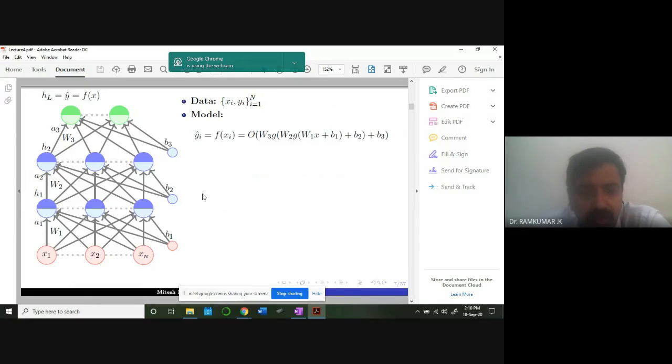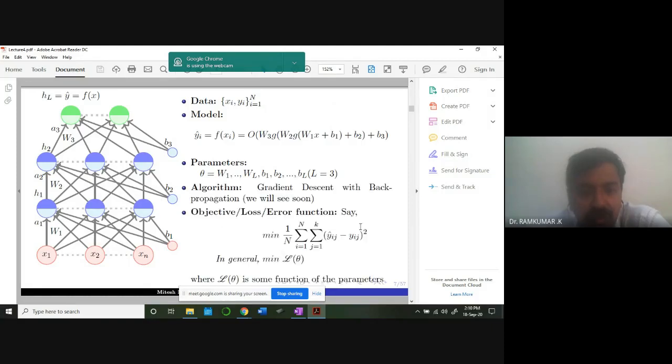Starting from the input, it goes on in a nested arrangement. Every layer we have weights, and those weights act on the previous layer's output. So these are all the parameters involved. The algorithm is gradient descent with backpropagation. The objective loss function is like this, which we have already seen.